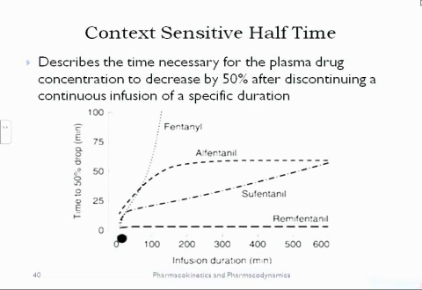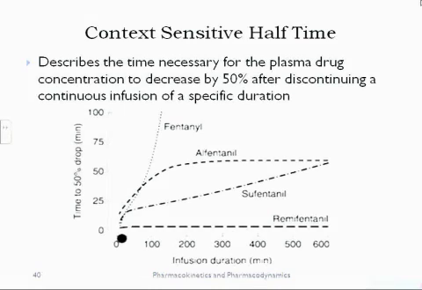But our drugs bind to many different tissue compartments, and they come off at variable K values out of each tissue. Some drugs are very lipid soluble, which means that they stay in the fat for long periods of time. An example of that is fentanyl. The context-sensitive half-time is the amount of time for the plasma concentration to decrease by 50% after you discontinue a continuous infusion.